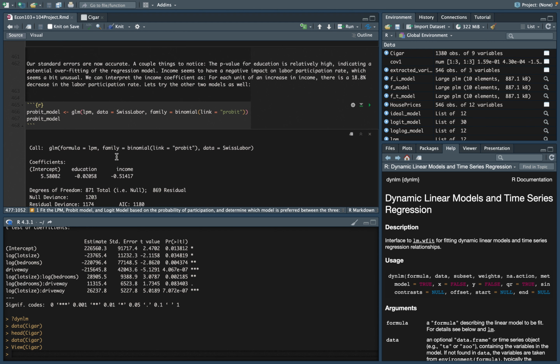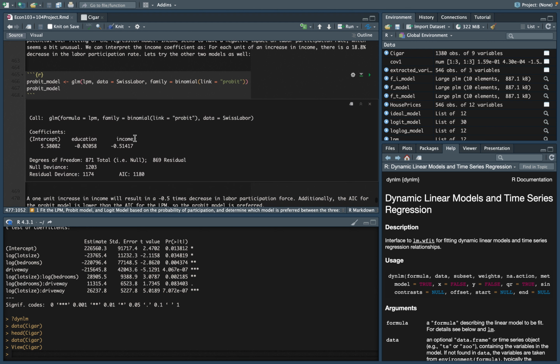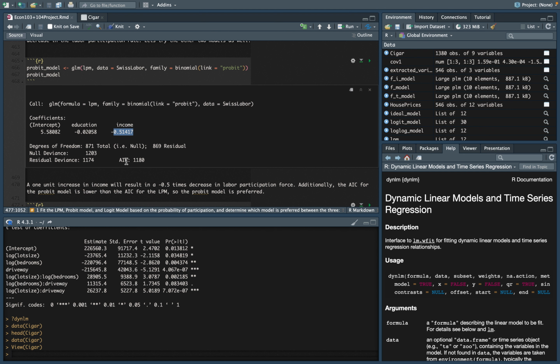All right. So moving on to the probit model, we have this family which is probably a variant of the GLM function, but we have the link equals probit, which implies that it's a probit model. And notice that these coefficients are actually much different from the coefficients from the probability model, which makes sense because the probit model uses a different algorithm.